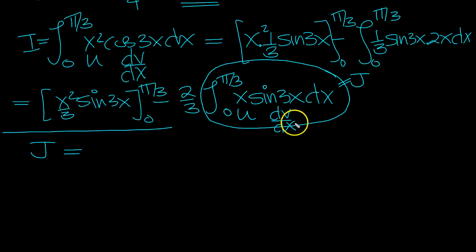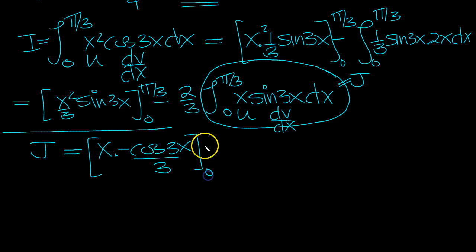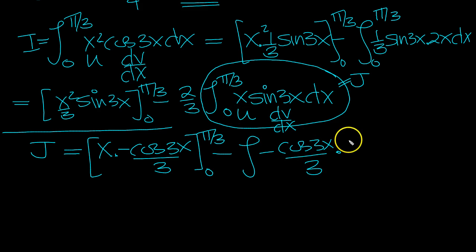So it's equal to u times v, x times the integral of sine 3x, which is minus cosine 3x over 3. There's uv, minus the integral of v, which is minus cos 3x over 3, times du, and now we're down to one lot of dx.